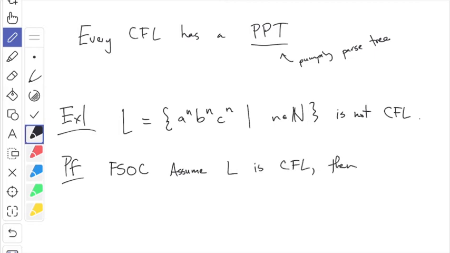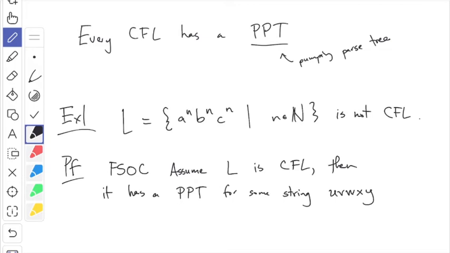Then that means it has a pumping parse tree for some string, and the string I'm always going to write in the same way that we have been writing those diagrams.